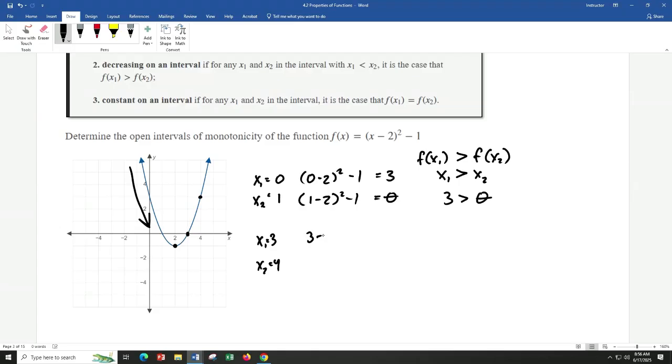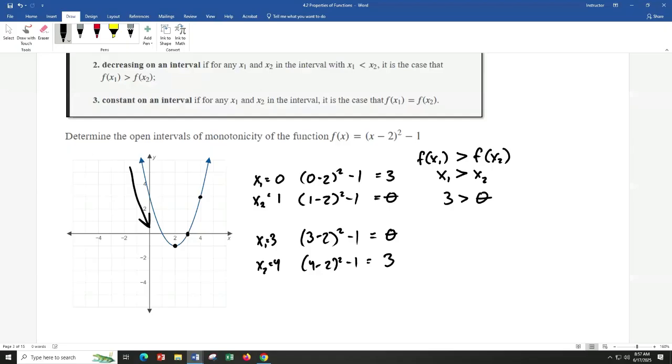We're going to have 3 minus 2 squared minus 1, and then 4 minus 2 squared minus 1. 3 minus 2 is 1, 1 squared is 1, and then you're just going to get a 0 here. 4 minus 2 is 2, 2 squared is what? 4, 4 minus 1 is 3.